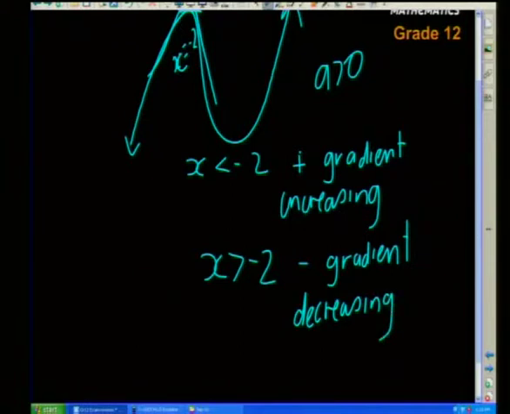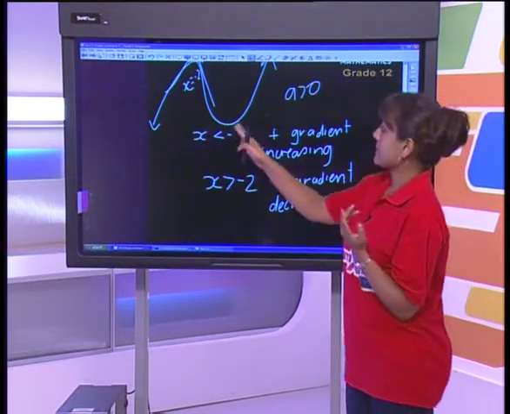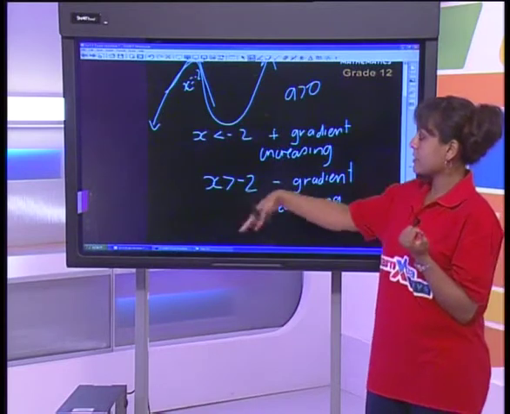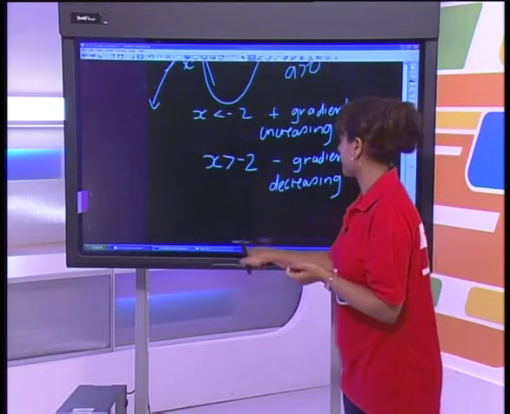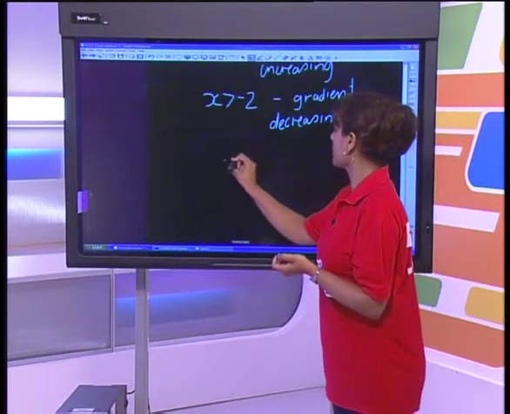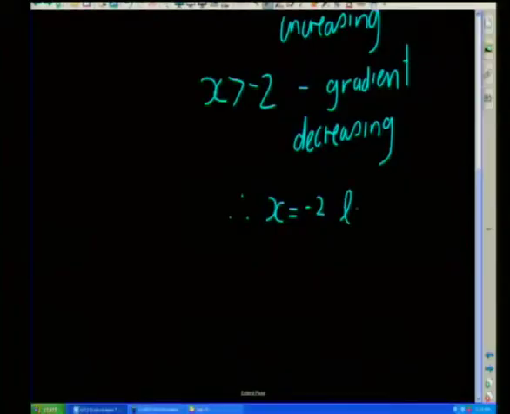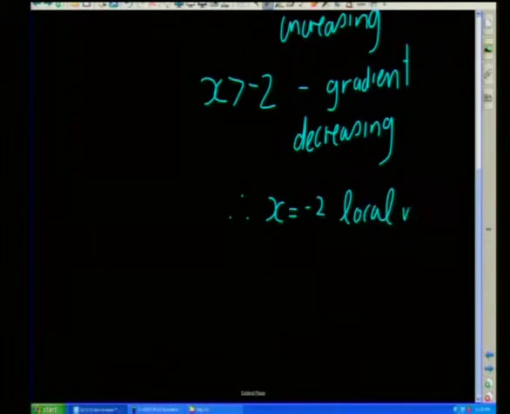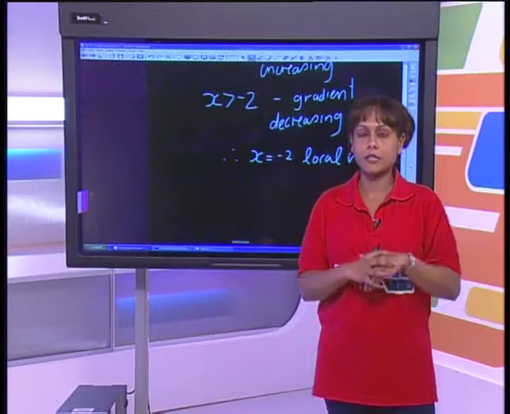Okay, so if you have increasing values and then decreasing values after that point, it must be a local maximum. So therefore, because for x less than minus 2 we have increasing values, and for x greater than minus 2 we've got decreasing values, this implies, therefore, x equals minus 2 is a local maximum. Okay, so it's a local maximum because we're going from increasing values to decreasing values, so that's got to be a maximum at that point.